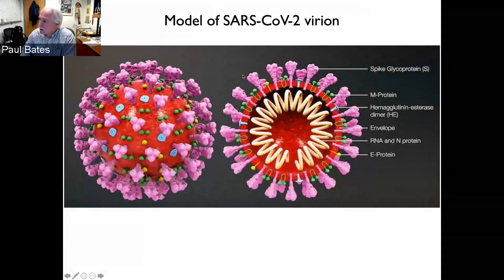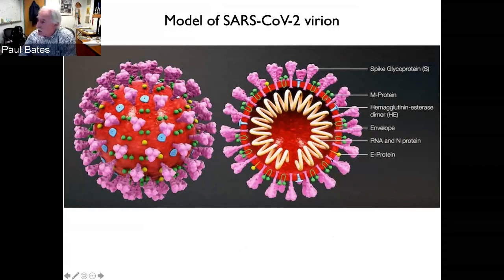The name came about because corona means crown, and in a transmission EM at the time, these things really looked like a crown of spikes on the surface. This is the most prominent glycoprotein in the membrane, but there are other proteins in the membrane, like the M protein and the hemagglutinin esterase protein.